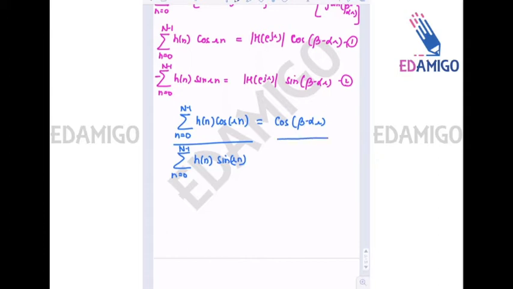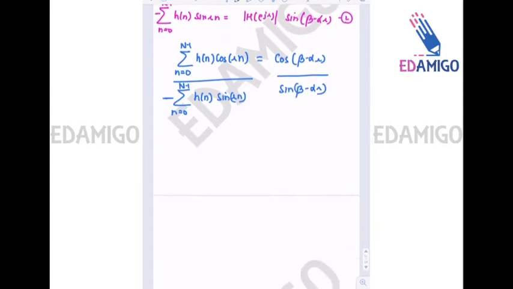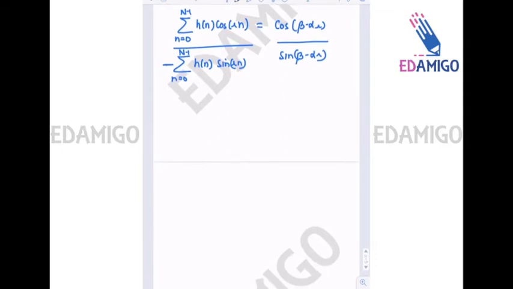So there's a minus sign also. Okay, now cross multiplying and taking the RHS to LHS, we will get, okay, so there will be a plus sign here. So this has to be 0.